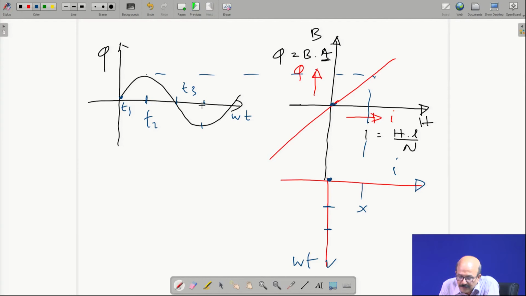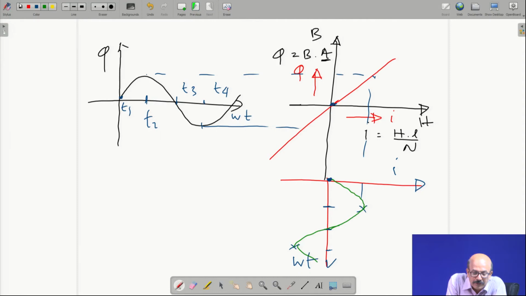T4 is on this side, minus. Because it is linear and identical, at T4 you will get some value like this. So, clearly if I add these, I will get the nature of the current, which is just identical to that of the flux.